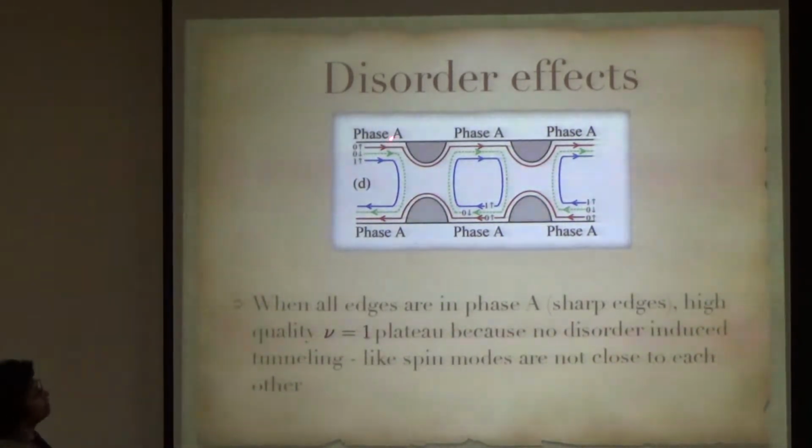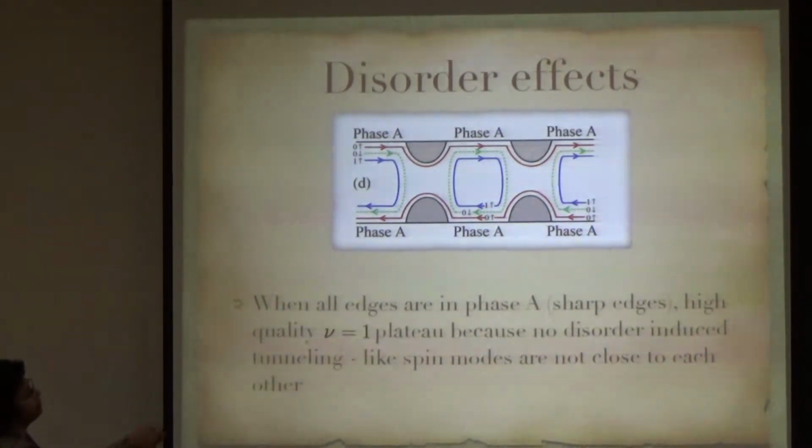Then, if all of them are in phase A, which is what you have when you have sharp edges, there can be no disorder-induced scattering. For instance, this is a two quantum point contact geometry, and it's been tuned to the nu equal to 1 plateau, and this will remain very sharp.